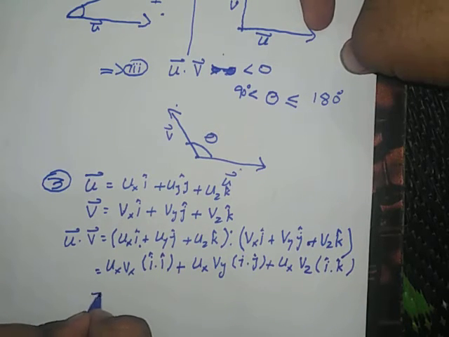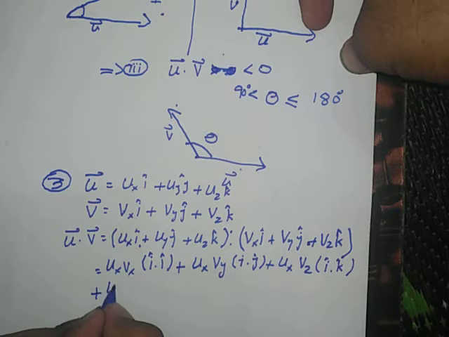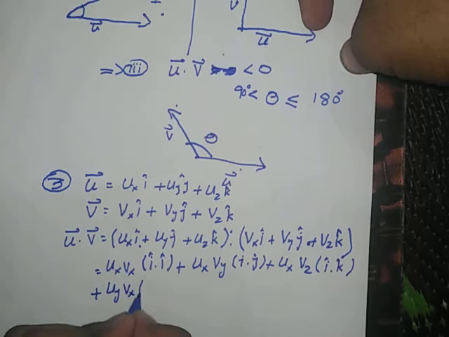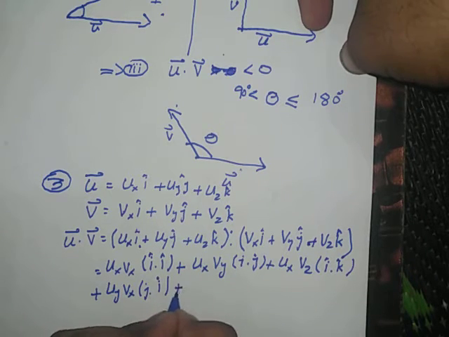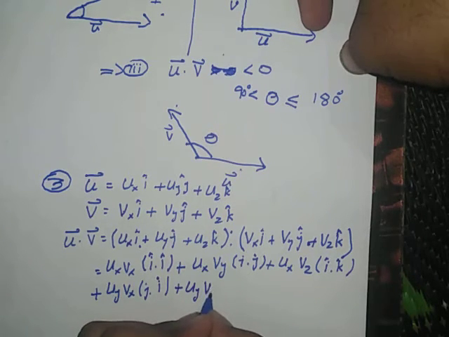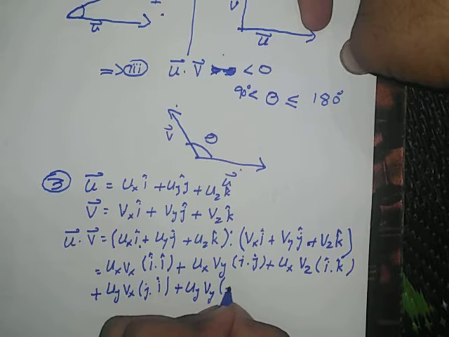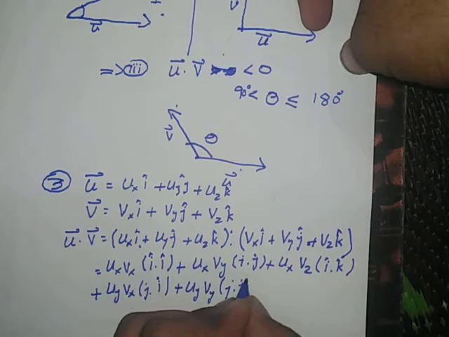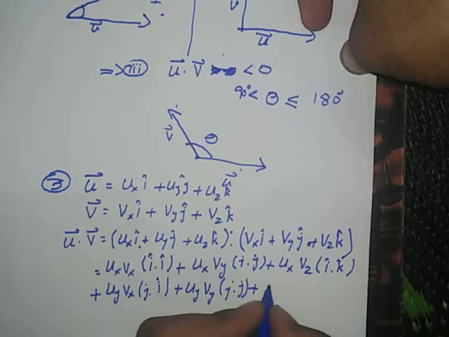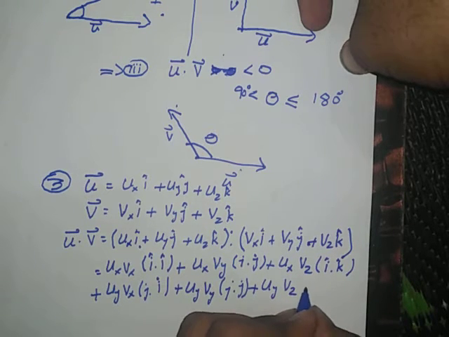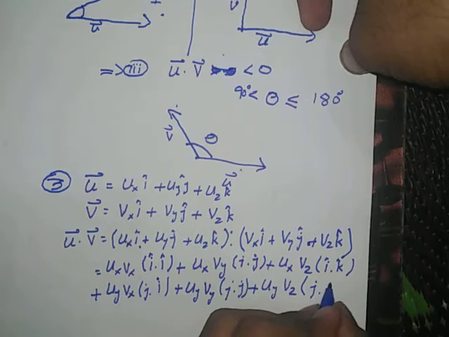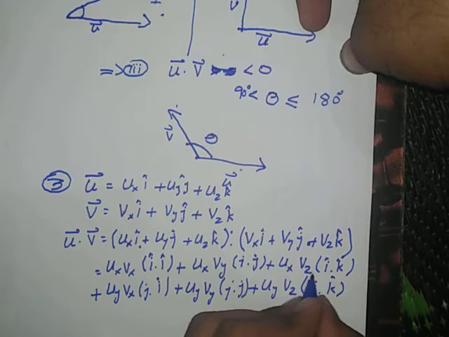Similarly for uy vx, j unit vector dot i unit vector, plus uy vy, j unit vector dot j unit vector, plus uy vz, j unit vector dot k unit vector.